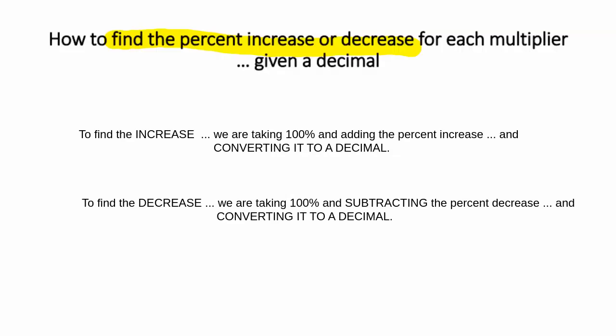Now, what happens if we want to go backwards? Which is what's going to happen. Okay, we are then going backwards. And this is the second part. See what this says? It says given a decimal. Well, we're given a percent in these two.